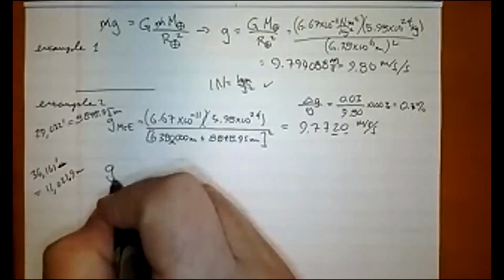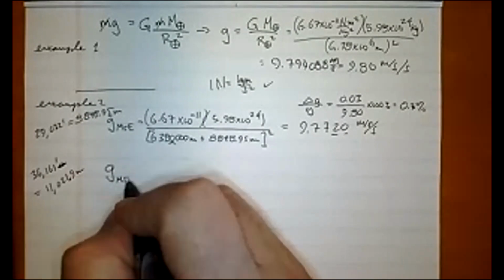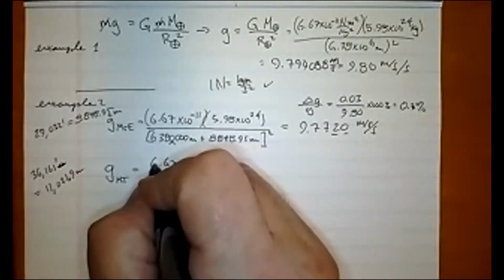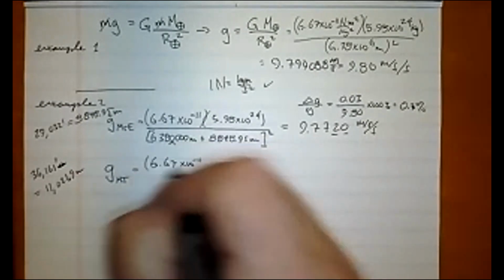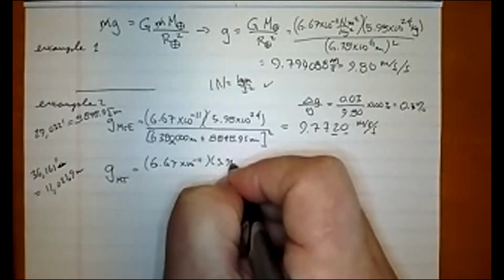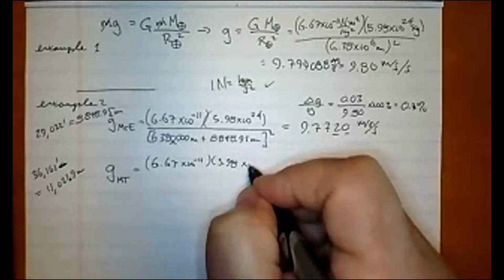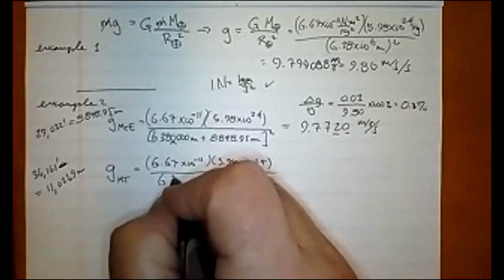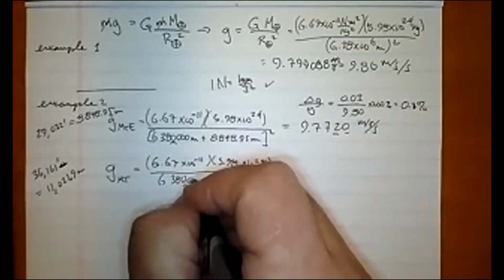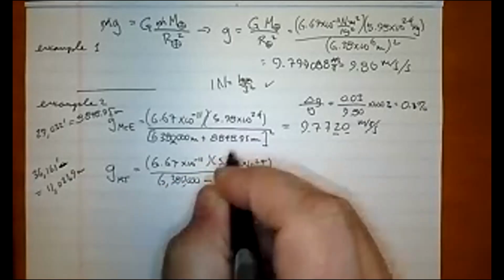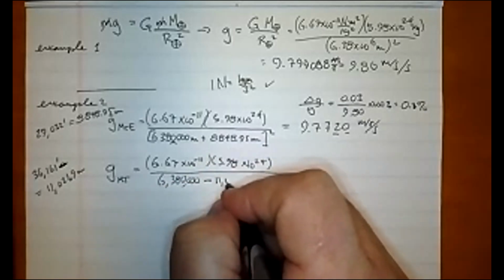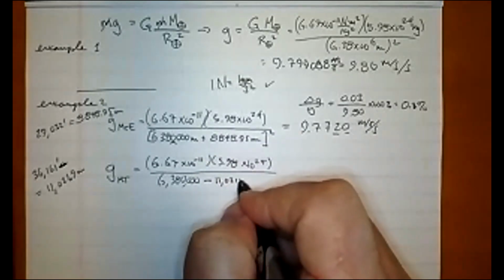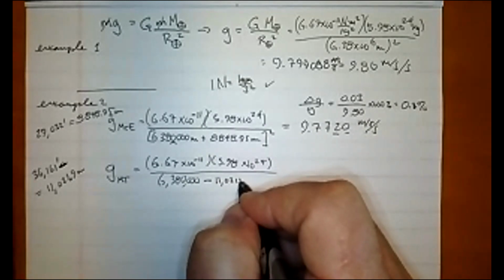Okay, so if I want to calculate the g at the Marianas Trench, then that's going to be 6.67 times 10 to the negative 11th times 5.98 times 10 to the 24th over 6,380,000 minus 11,021.9.